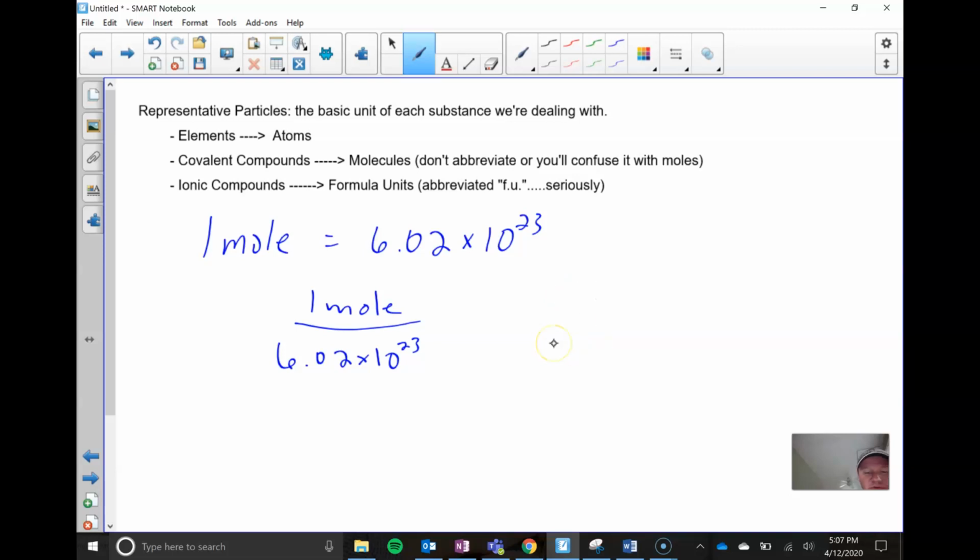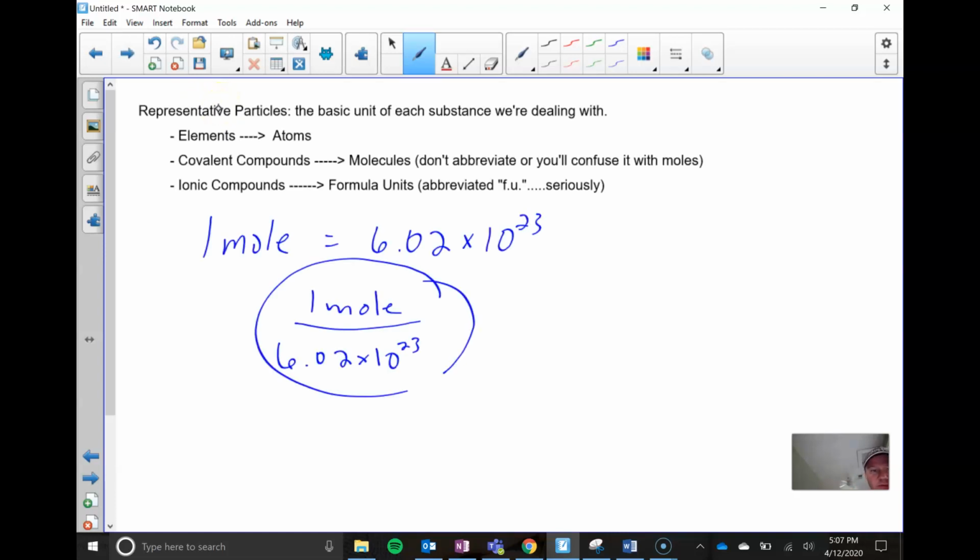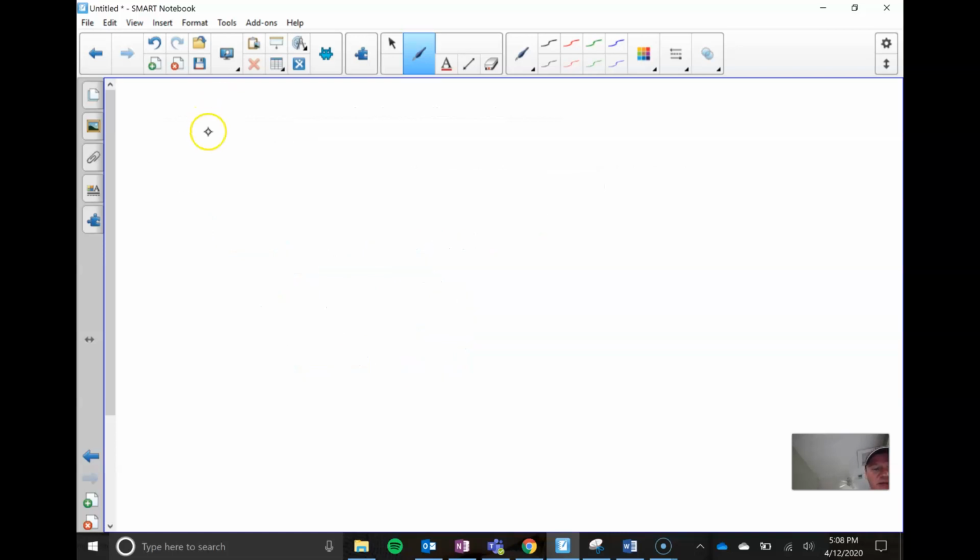So what we do is we take this relationship and we use it to convert numbers of representative particles to moles, and vice versa. Let's see what that is going to look like. If we know that 1 mole is Avogadro's number, right? But what if I have a situation like this? I'm going to write this out in words.